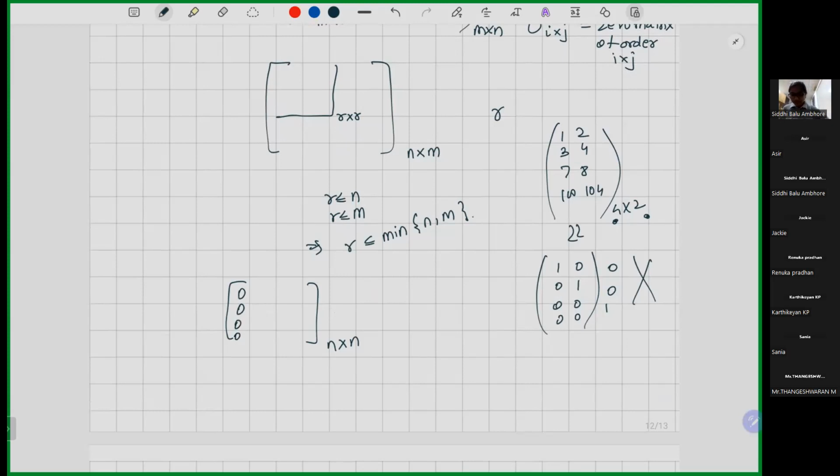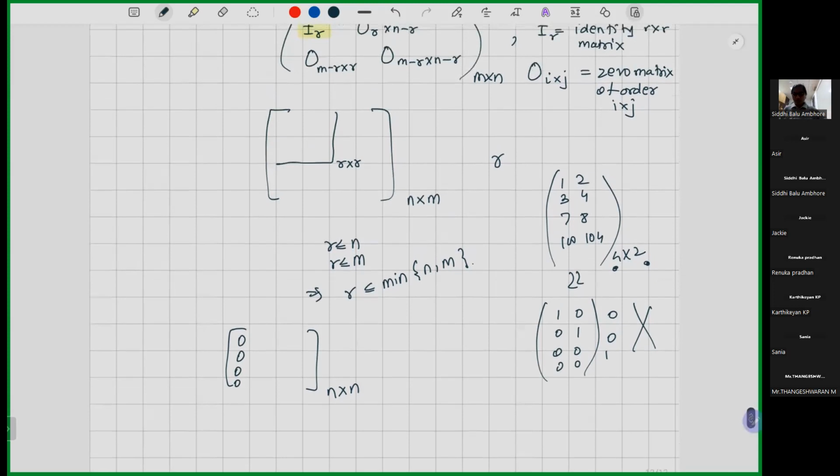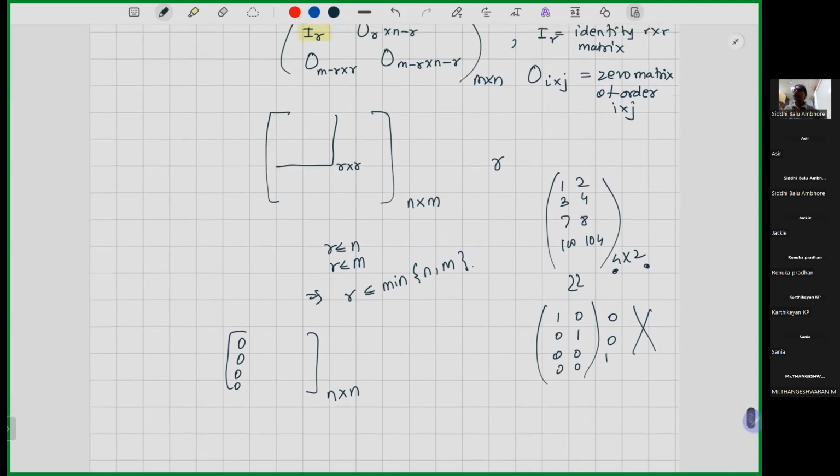We can't directly say from just this information that it will have rank n minus 1 or something like that. Okay. Same is the case with all zero rows also, isn't it? An all zero matrix has rank 0, because it does not have any non-zero rows. Suppose one of its rows is all zero, then its rank will be n minus 1, isn't it?